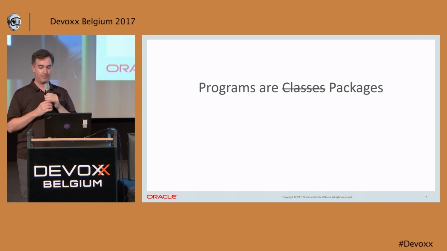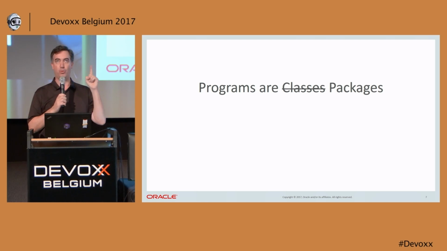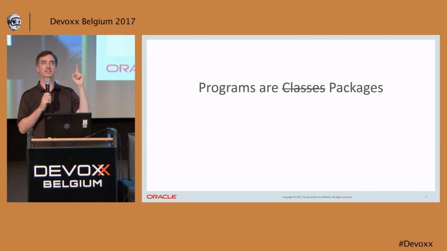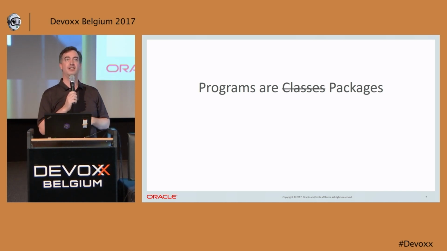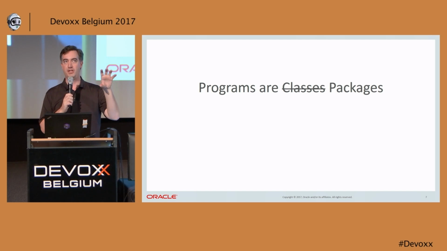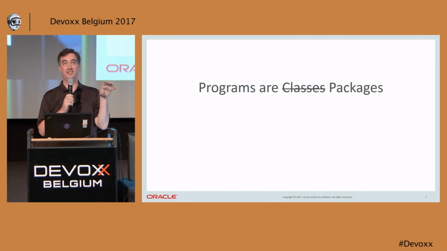Not really. How many people work on a code base that consists of one package? No hands. Right answer. 2 packages? 3? 5? How many people work on a code base just within your company that's about 10 packages? 20?